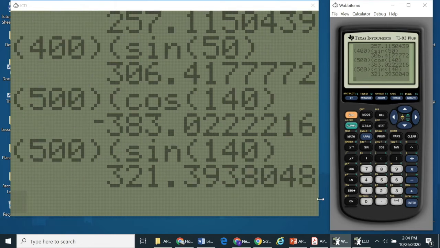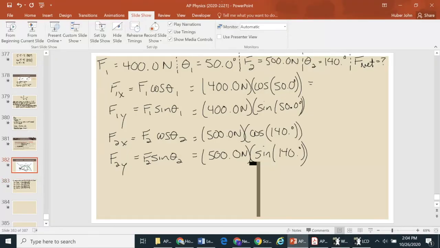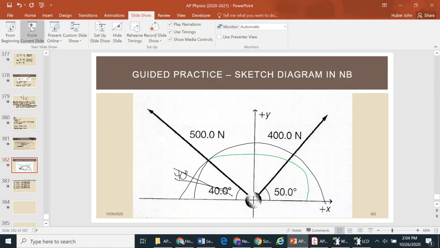And so notice here a couple of things. For the first vector, the 400.0 newton vector, we have 2 components which are positive. And that makes, whether you realize it or not, a heck of a lot of sense.